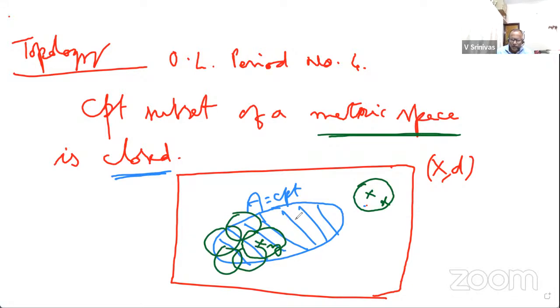If you take y1 and x, you get a neighborhood for y1 and x. If you take y2 and x, you get neighborhoods for y2 and x. And if you take a point y3 in A, you get two neighborhoods, one for y3 and another for x.